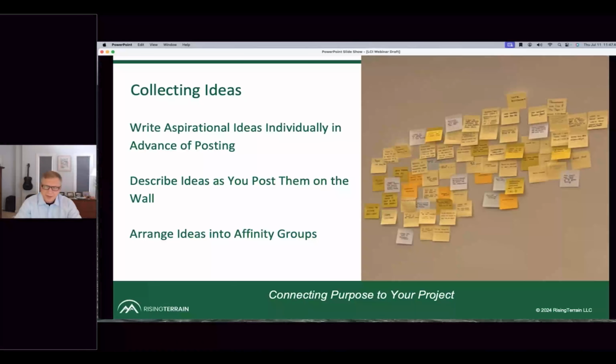A lot of people are going to have a lot of ideas that are very similar, and so if it's around supporting other people on the team, there might be different ways of phrasing that. So you arrange the sticky notes so you can start to see some common themes visually up on the wall, and that prompts a conversation.